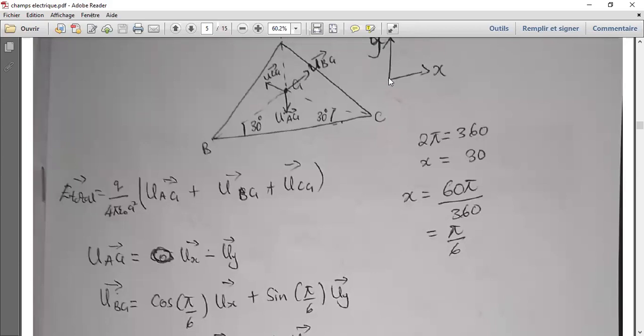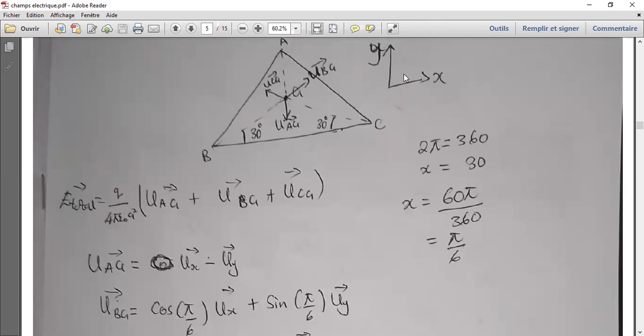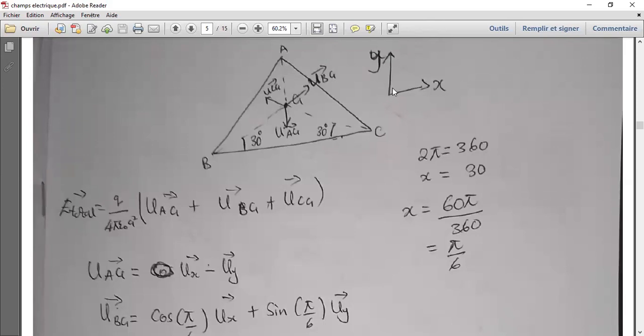When you place it on the y-x plane, there will be a 30 degrees angle. It will cut the y-x plane, and you have the 30 degrees on the other side.